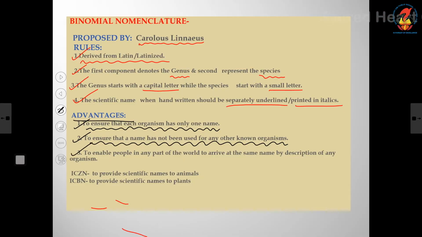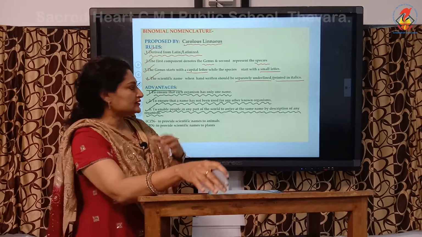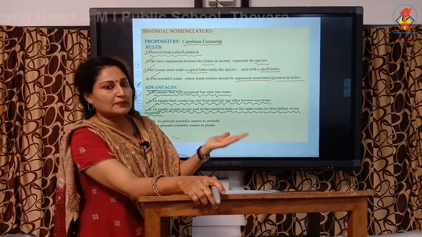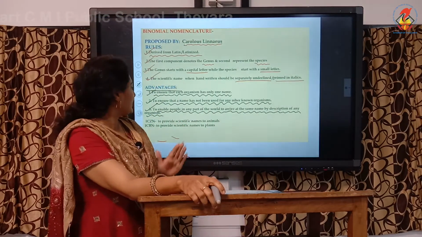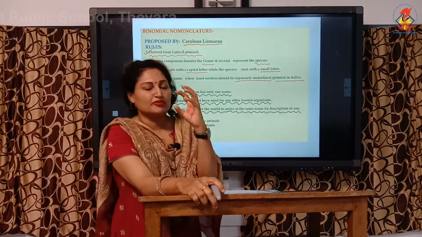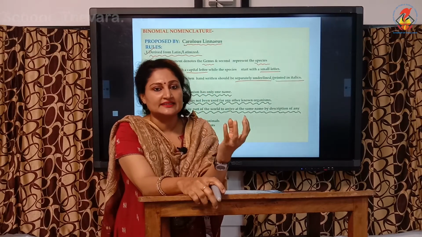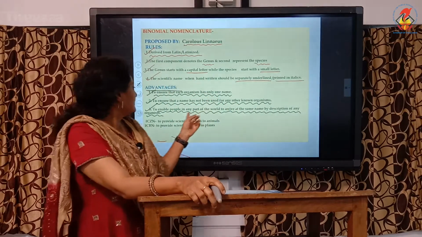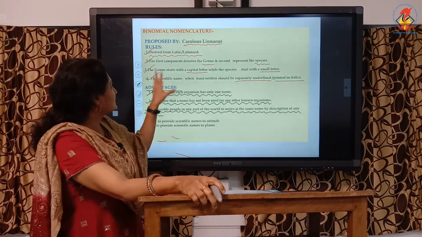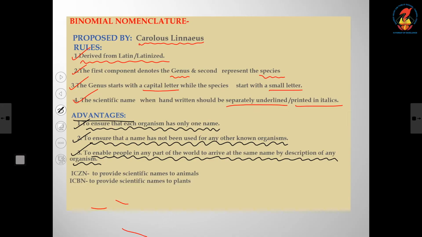And lastly, to enable people in any part of the world to arrive at the same name by description of any organism. So, in any part of the world, be it Japan or Australia or America or India, from the very scientific name, they will get an idea of the organism. So, once again, the advantages of binomial nomenclature are: 1, to ensure that each organism has only one name.